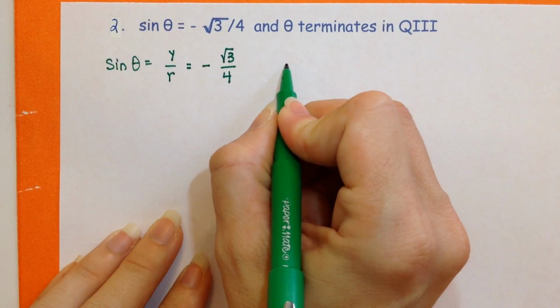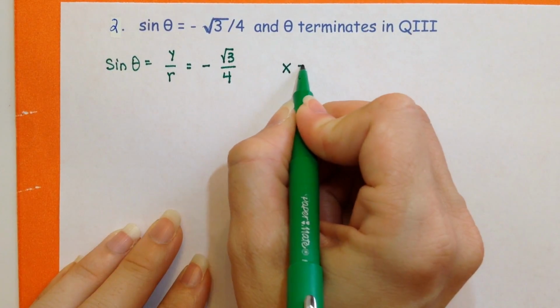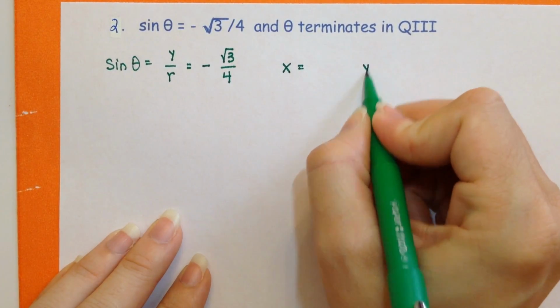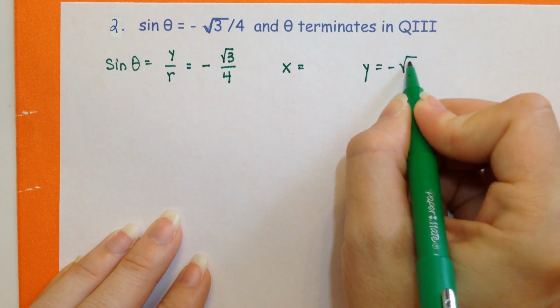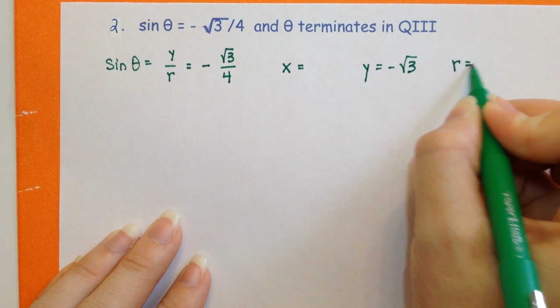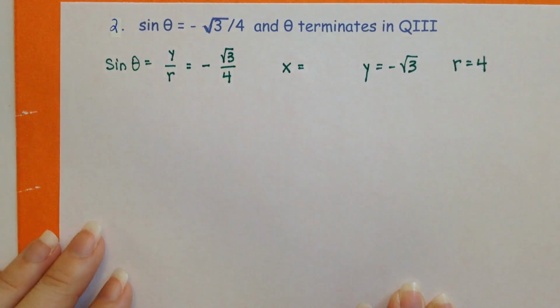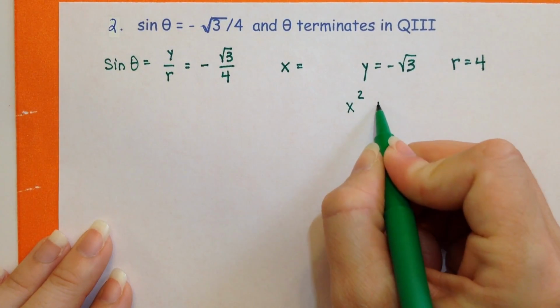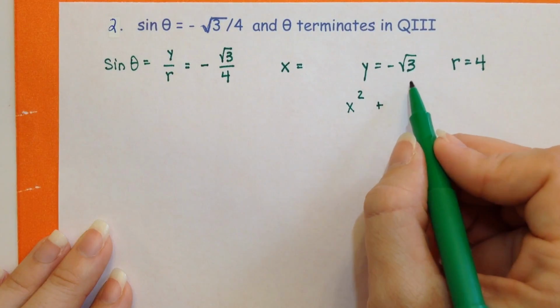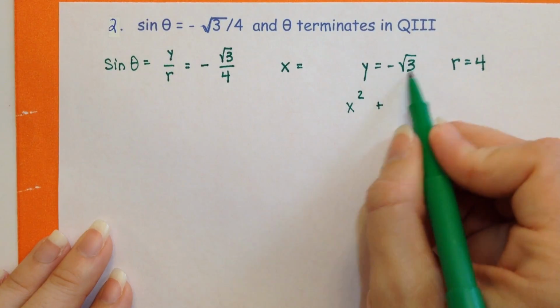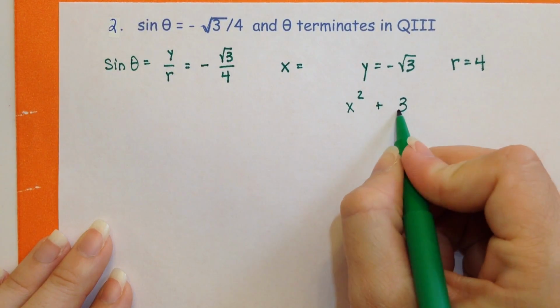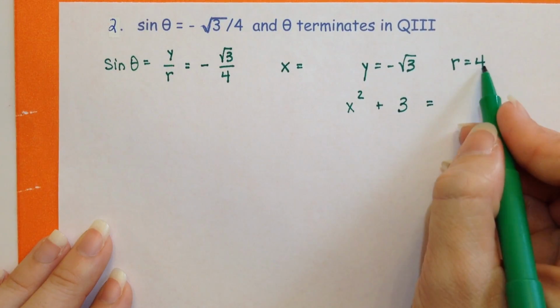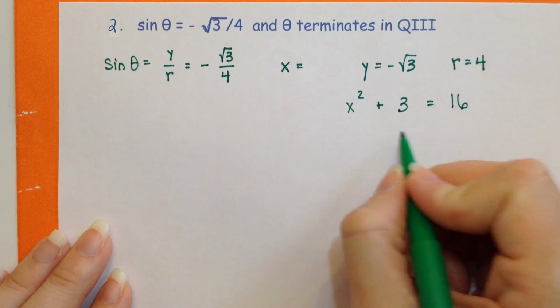All right, so I don't know x. I'm going to have to come up with that again. I know that y is negative square root 3, and I know that r is 4. All right, so we can use our Pythagorean theorem again. Okay, now y squared. If I take this and square it, I'll actually have a positive 3. Of course, square the 4, I get 16.